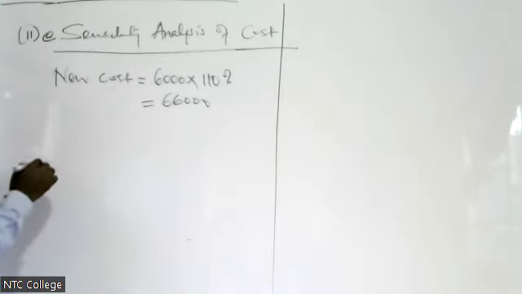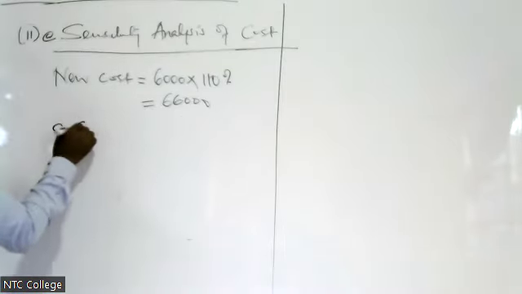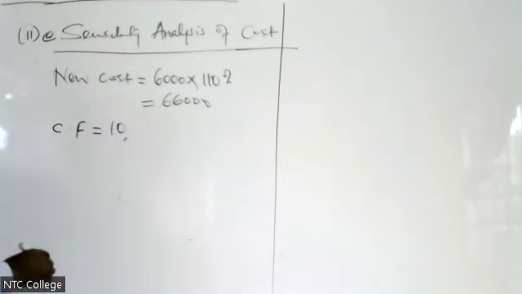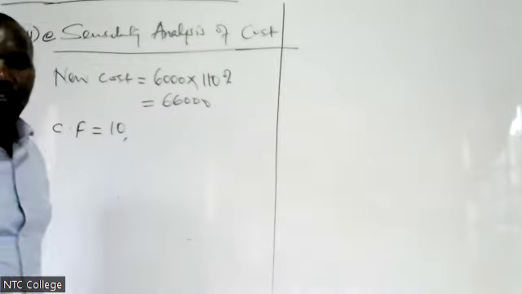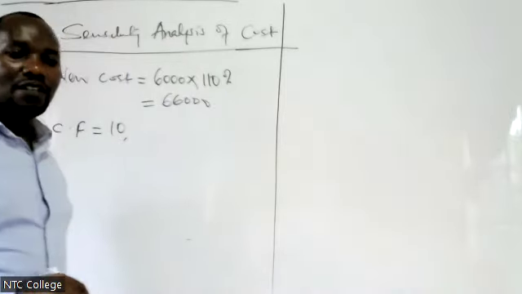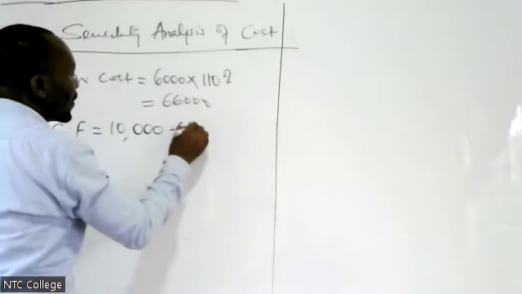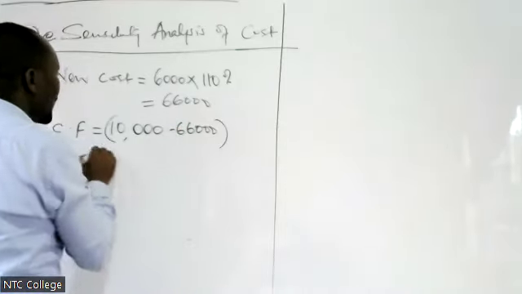So therefore, our annual cash flow will be 10,000. Remember, we said that for sensitivity analysis, you change one factor at a time. The rest remain constant. So we have 10,000 minus 6.6. What is the answer?